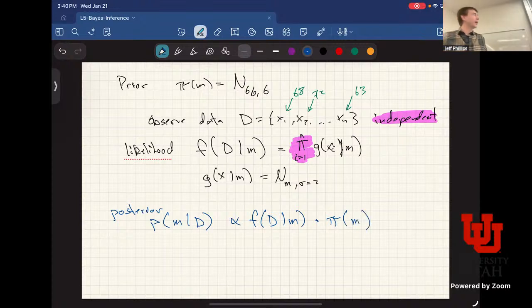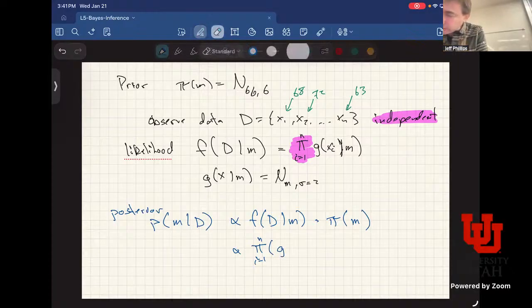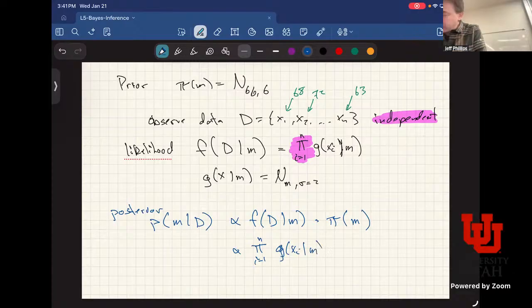Okay, we have equations for all these things. In fact, we can write this as proportional to the product from 1 to n of G of xi given the model, and this whole thing times the prior.